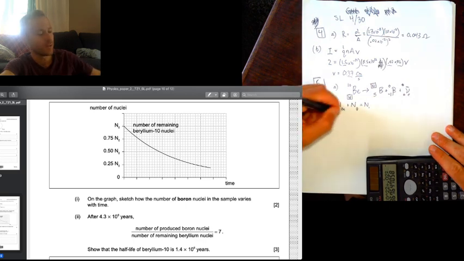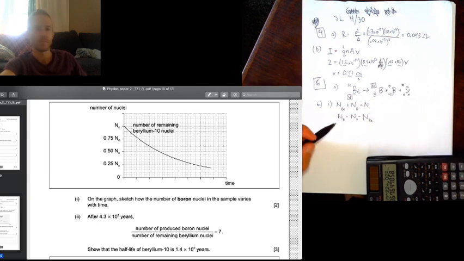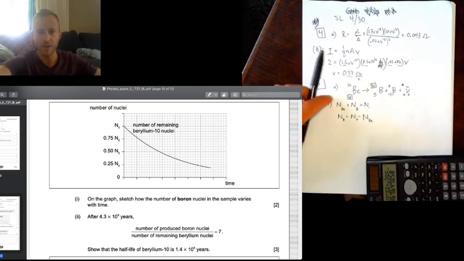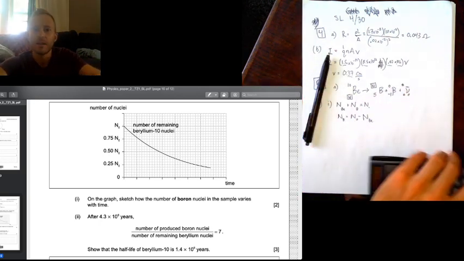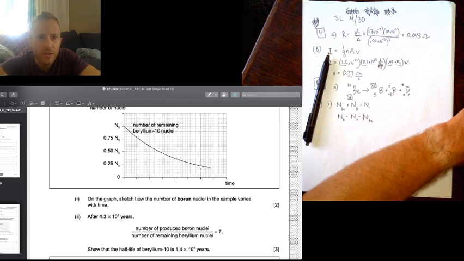That means the number of boron equals N naught minus the number of beryllium. So basically we're flipping the graph upside down, and we're going to draw something that looks kind of like this.